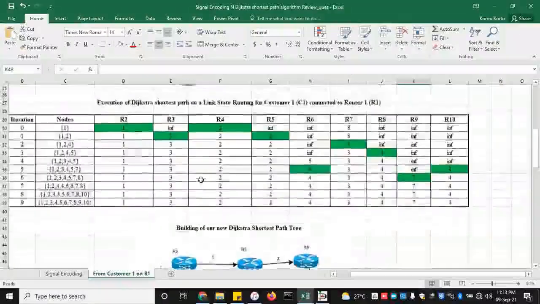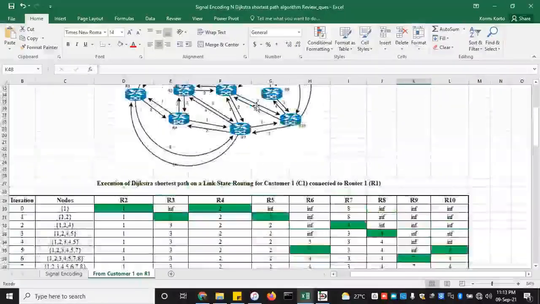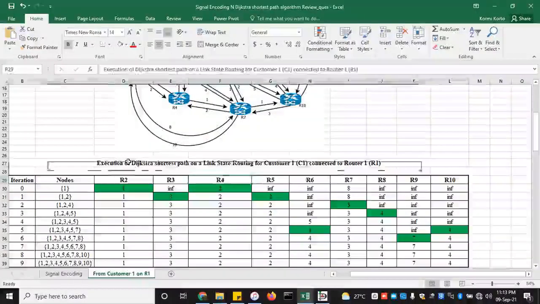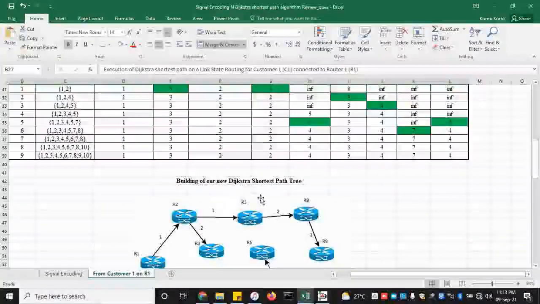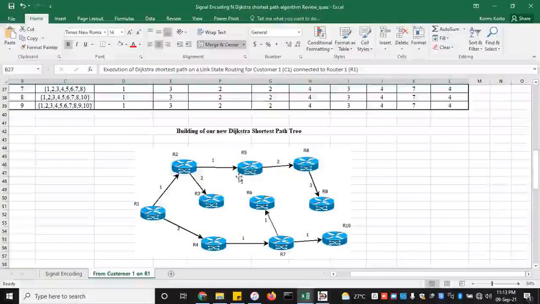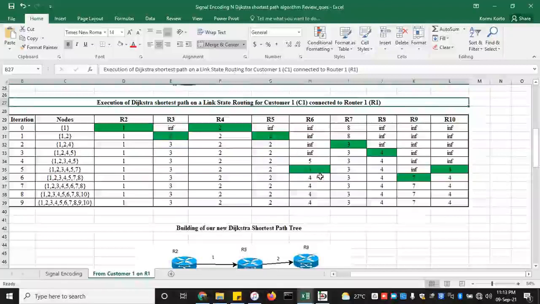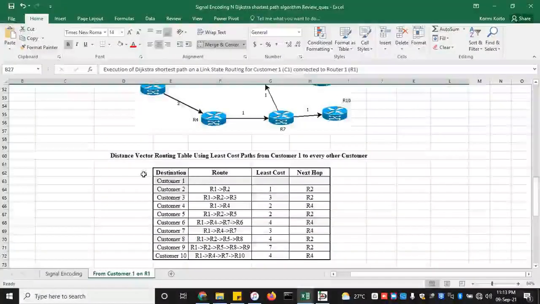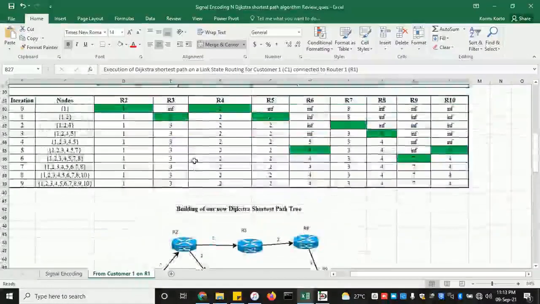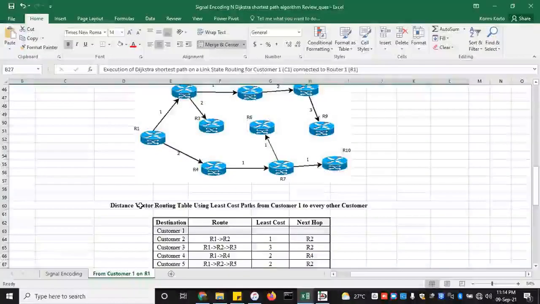So from here, we got to this based on execution, and then from the tabulated execution, we built the new shortest path tree, coming from this highlighted least cost that we got, and then from there we built our new distance vector. So we basically moved from link state to distance vector.